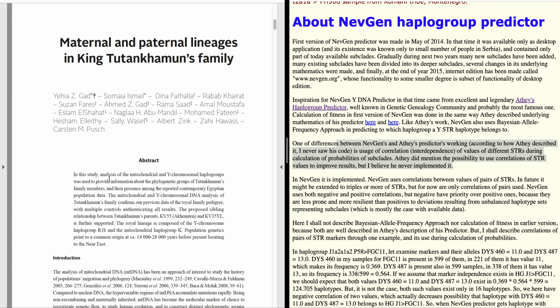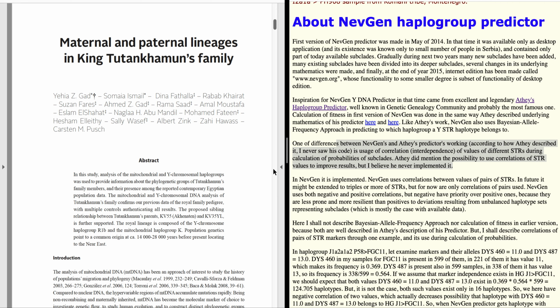So the abstract: in this study, analysis of the mitochondrial and Y-chromosomal haplogroups was used to provide information about the phylogenetic groups of Tutankhamun's family members and their presence among the reported contemporary Egyptian population data. The mitochondrial and Y-chromosomal DNA analysis of Tutankhamun's family confirms our previous data of the royal family pedigree with multiple controls authenticating all results.